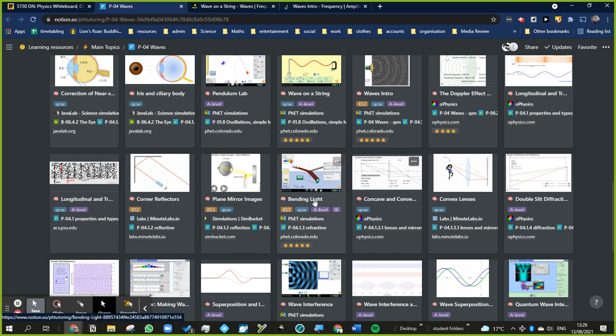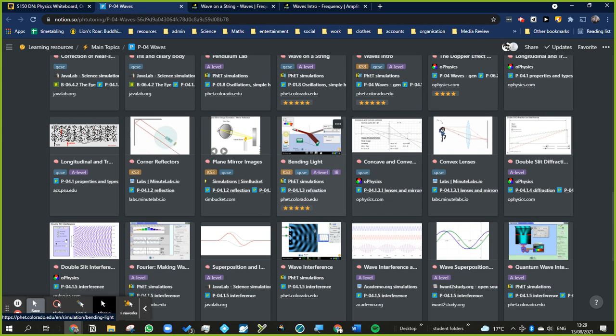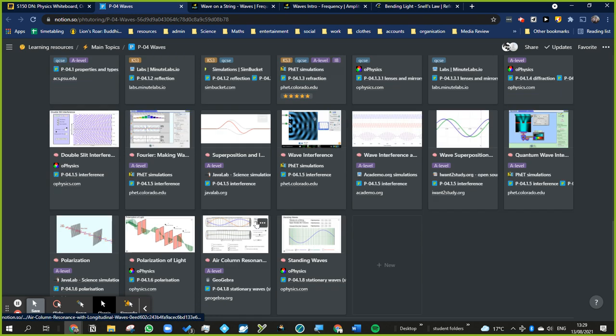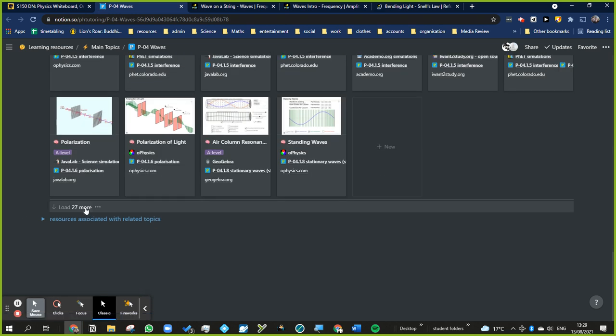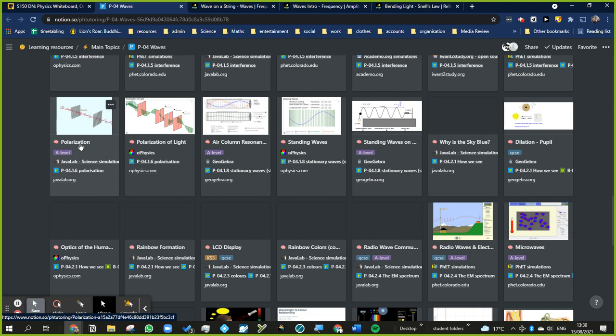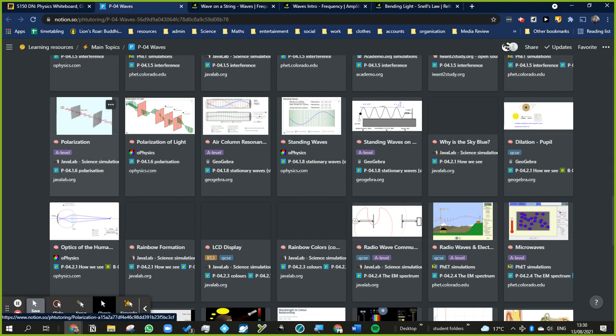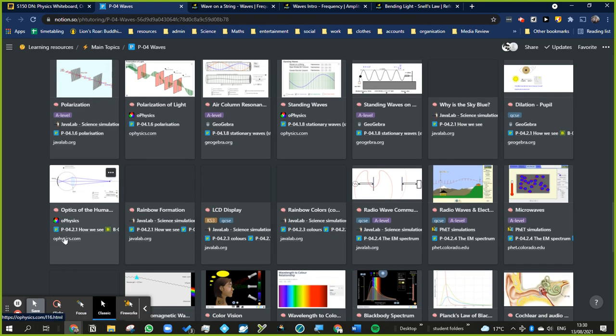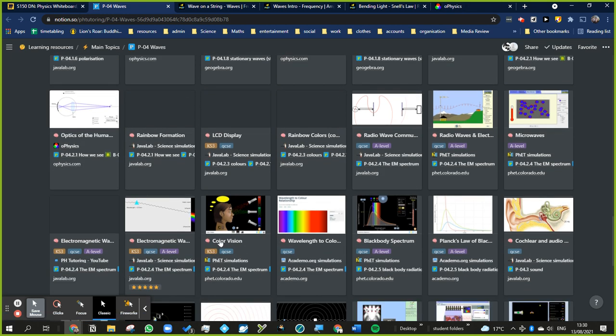So let's open up that one as well. There's another 27 simulations to look at over there. Polarization is something you'll look at at A level. We're not going to look at that just yet. We'll open up this thing to do with the eye, and this one and this one.